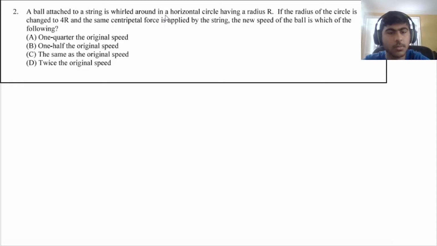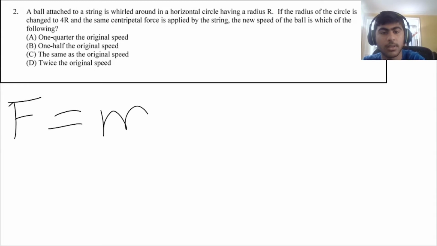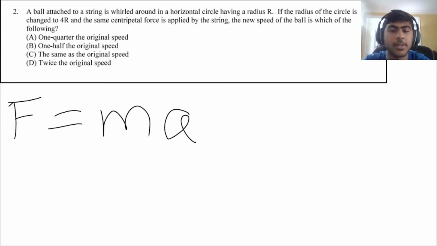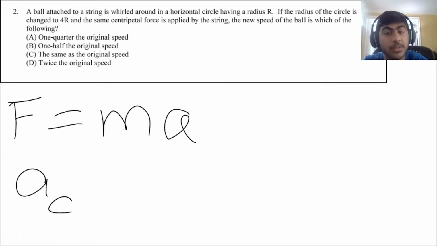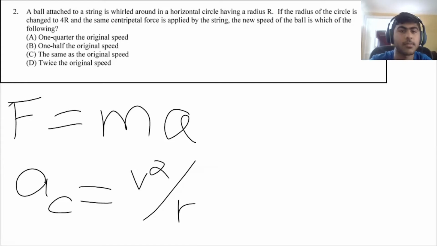Well, the net force, or the centripetal force, because that's the only force in this scenario, is mass times acceleration, right? Probably heard that a million times by now, but still. But we also know that the centripetal acceleration is the velocity squared over radius.